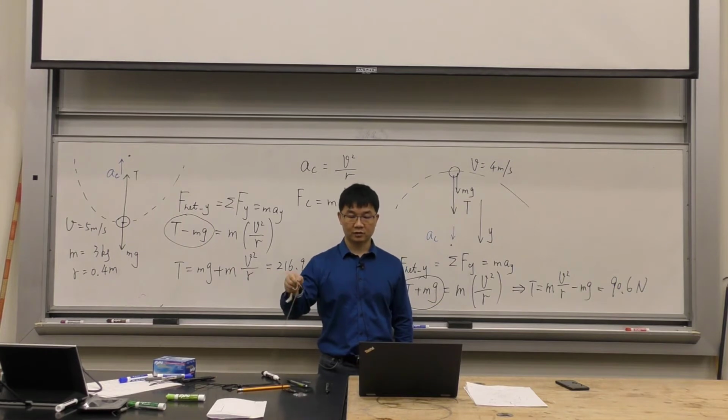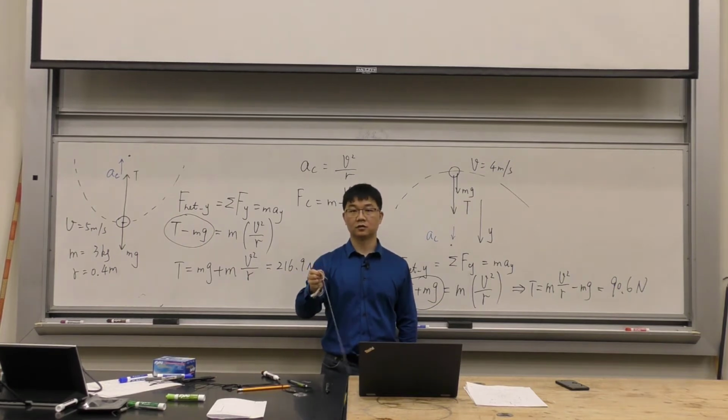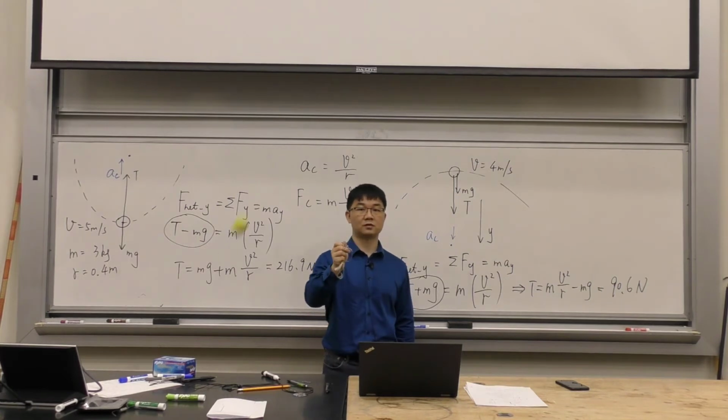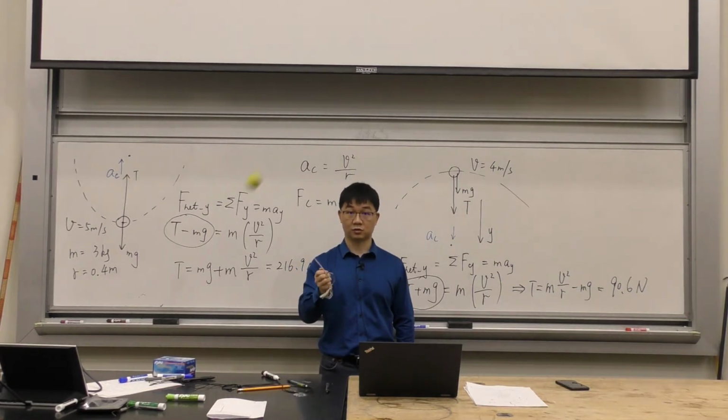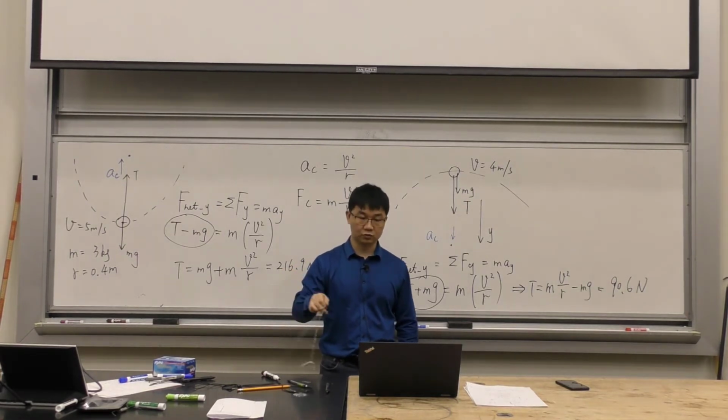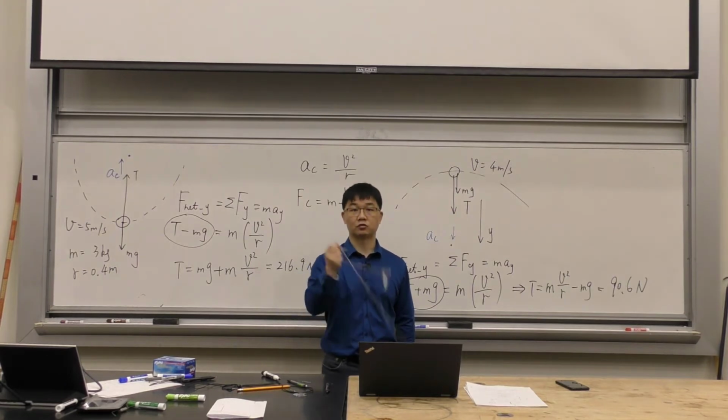If you swing it at a very slow speed, it's not going to reach the top. It's going to just drop at some point. So there is a minimum speed of the ball in order to complete the circular motion. I know that if I swing too slow, it's not going to go to the top.